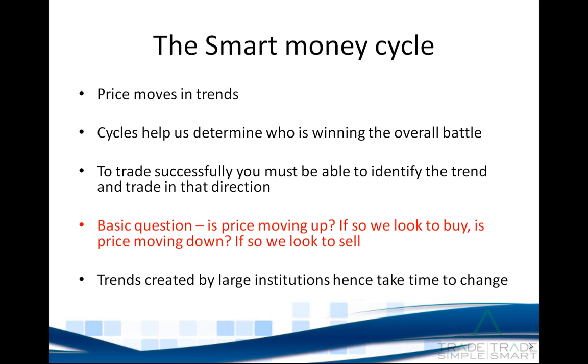Okay, so to trade successfully, you must be able to identify the trend and trade in that direction. Traditionally, we'd be looking towards patterns of higher highs and higher lows, or lower lows and lower highs, to get an idea of the overall direction of a market's trend.